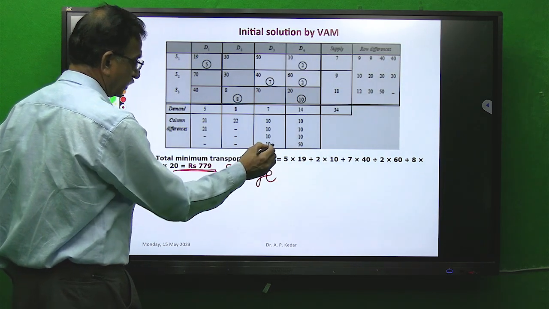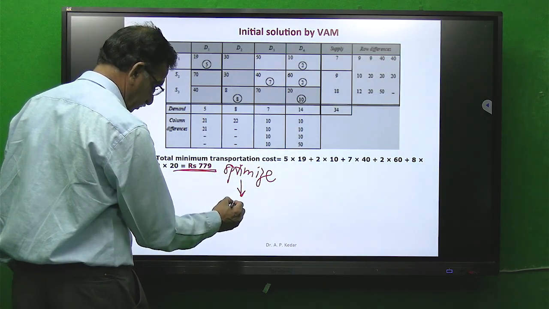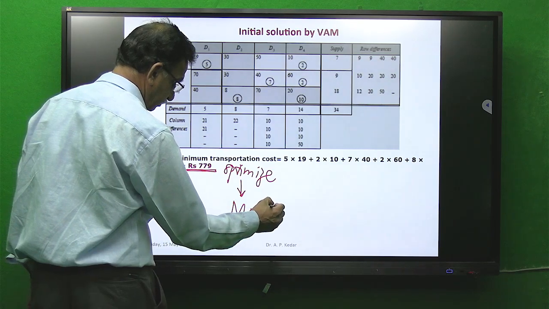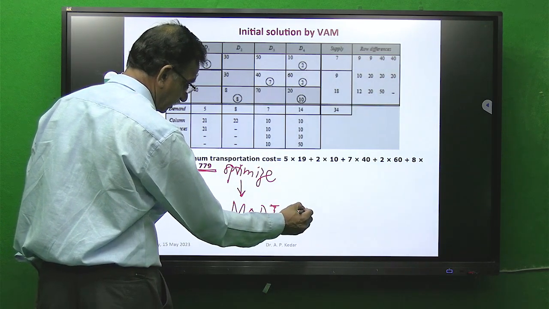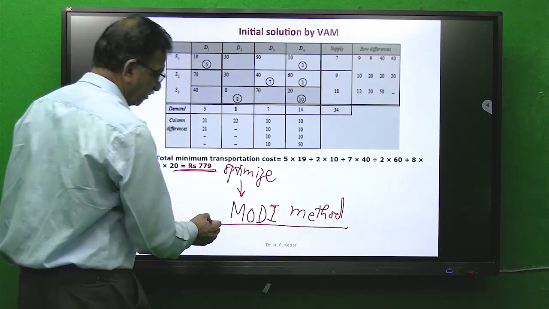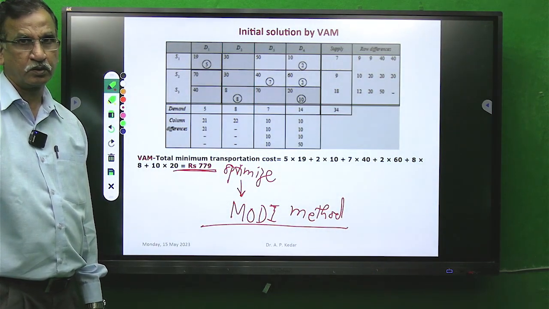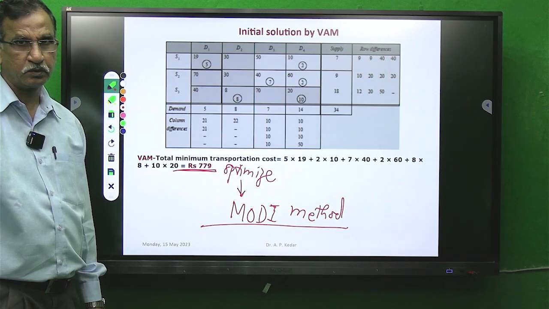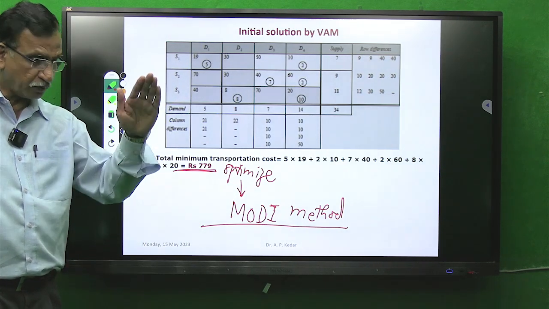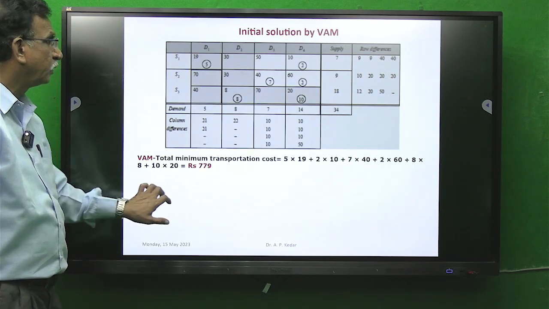For optimization we have to use the modified distribution method. Clear? So now we will move on to the various steps of the MODI method.